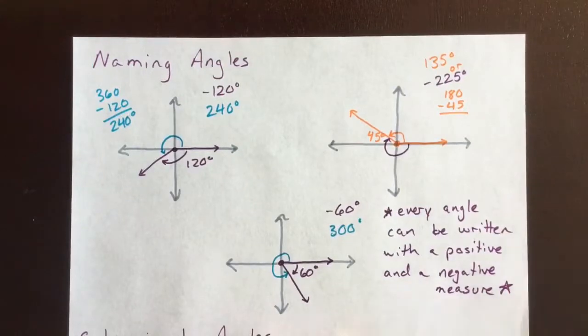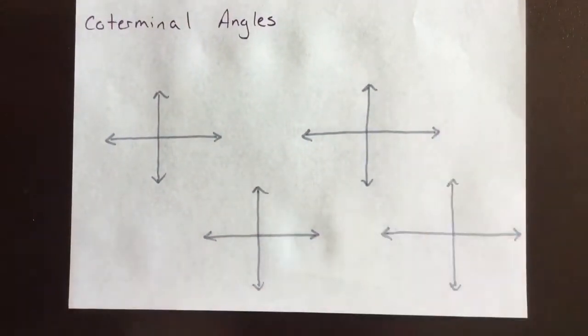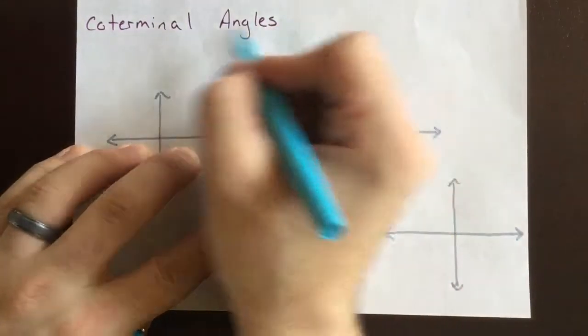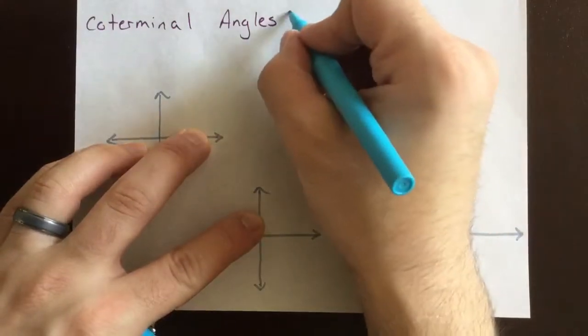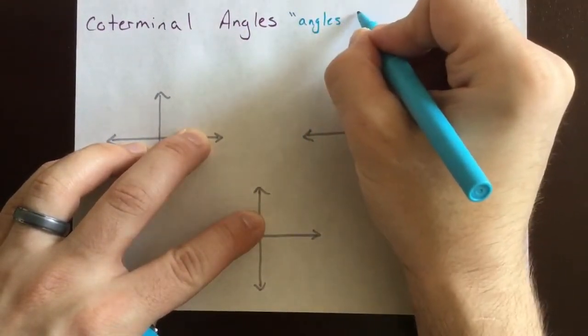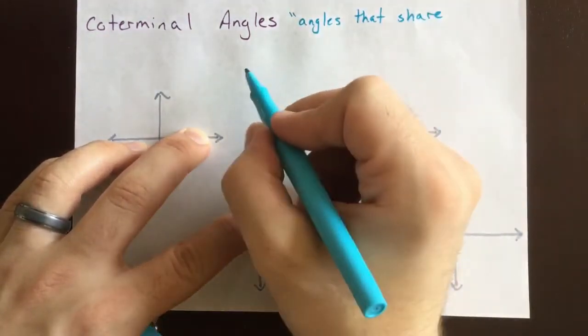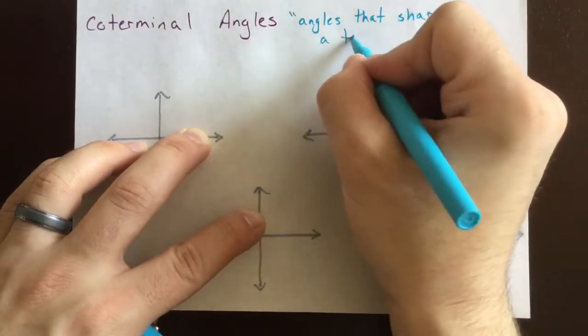So we're going to expand on this more as we continue on to something called coterminal sides. So coterminal sides, how do we define this? Two angles are coterminal if they're angles that share a terminal side.